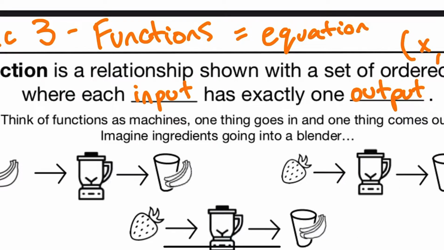So if I have 2 plus 2, the only number I should ever get out of that is 4, or else it wouldn't make any sense, right? And that's the idea here, is we're trying to put numbers into equations and get a certain number out. But it can only be one answer that we get out. It can't be 2.